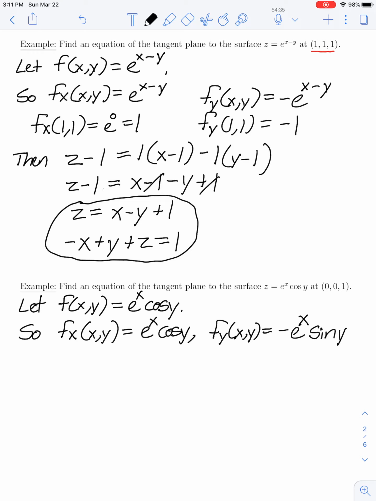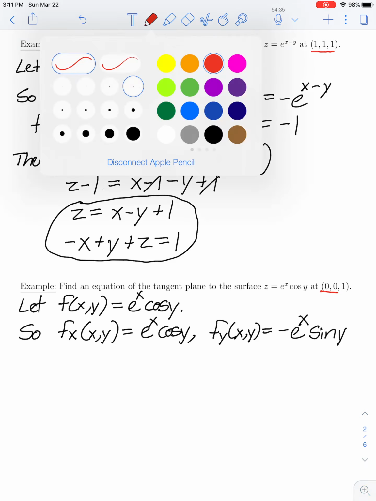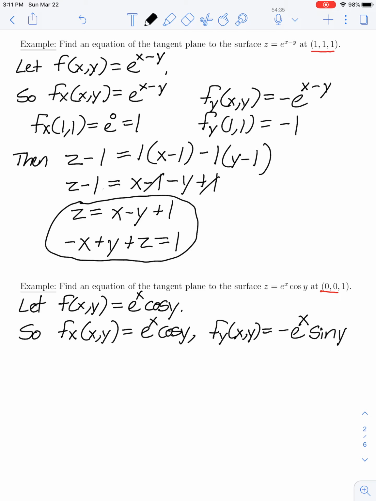And we need to evaluate our partial derivatives at the point x naught, y naught, which in this example is the point 0, 0. So we find our partial derivative of f with respect to x at 0, 0 is 1, and our partial derivative of f with respect to y at 0, 0 is 0.